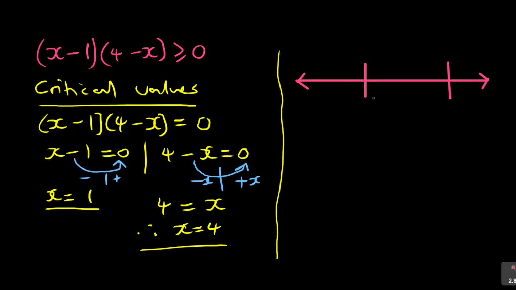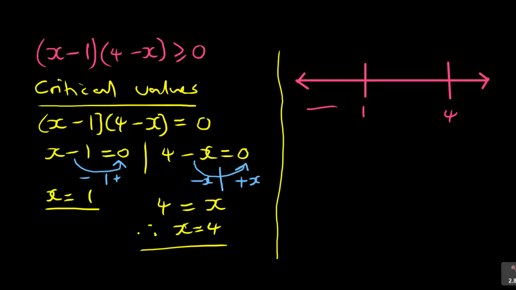Remember, the number line increases, so 1 is here and 4 is there, because somewhere here you have got 0 in your number line. So 0, 1, 4 is increasing that direction. But now let me remove this 0 part. I was just trying to show you which one starts between 1 and 4. So just know that this is how it is. Then you test. What way do you test? Look for a number before 1.